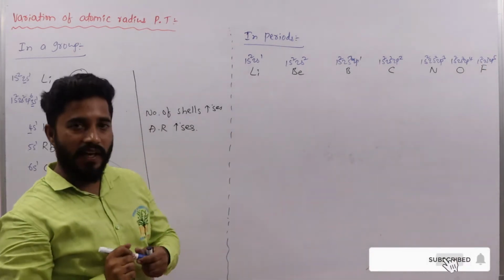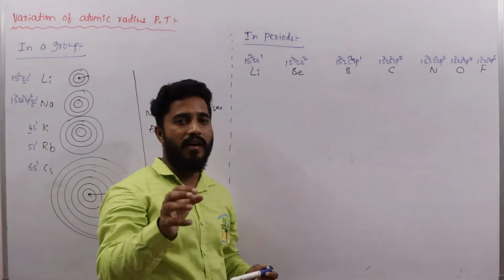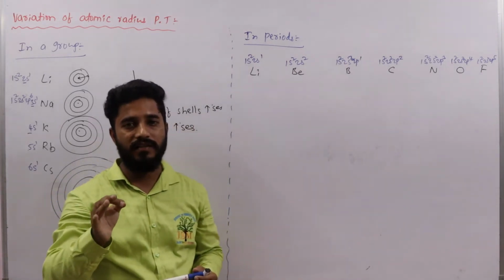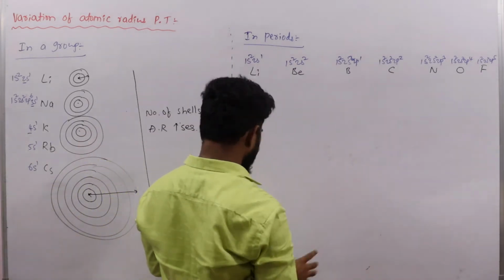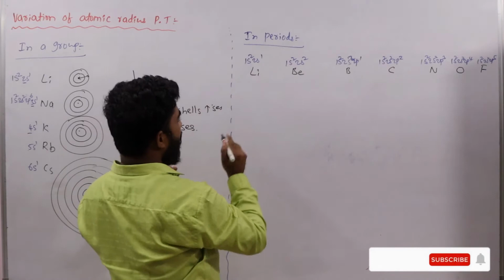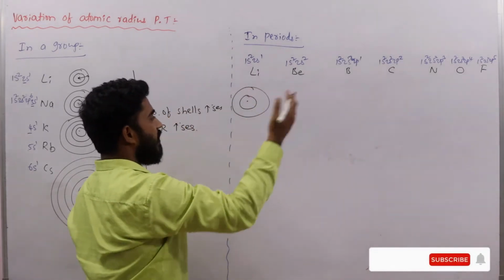When you observe the electronic configuration, the newly entering or differentiating electron enters the same shell from lithium to fluorine. That means the electron enters the second shell only, not the next shell.